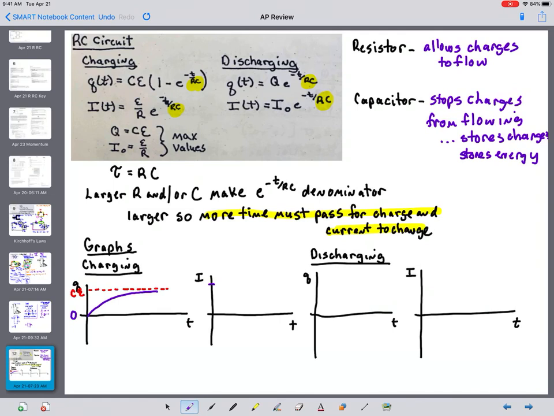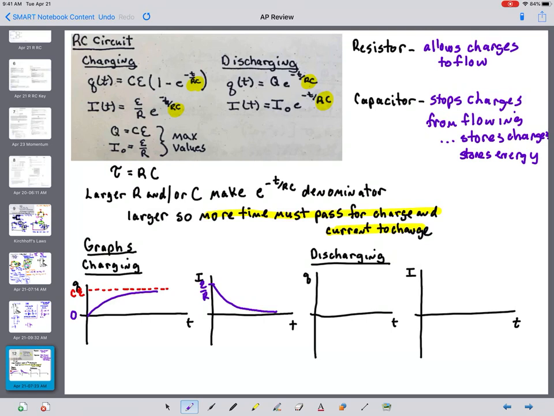And so when you first close the switch, your current is going to start at a maximum value, I naught or EMF over R. And as you charge that capacitor up, then the flow of charges is going to be reduced because you're piling more and more charges on the plates of the capacitor, and they repel additional charges from flowing there. So then you approach 0 as an asymptote.